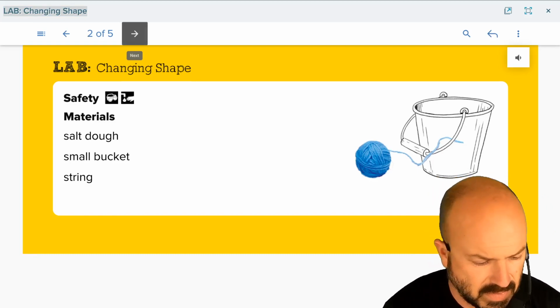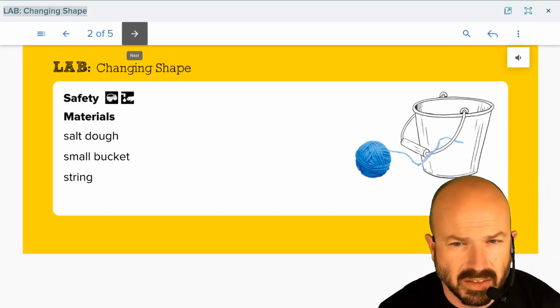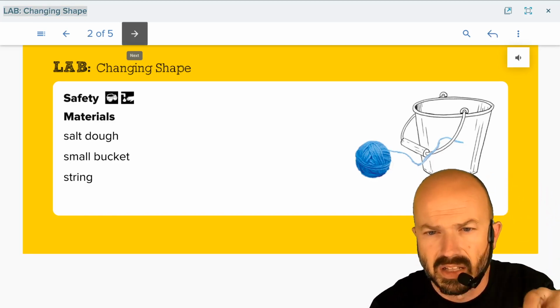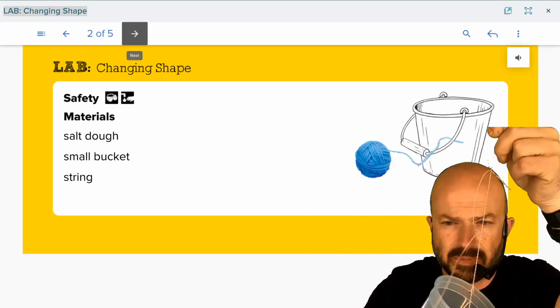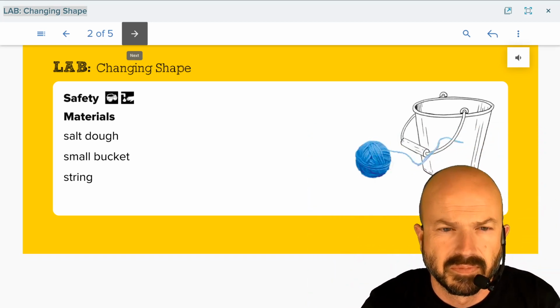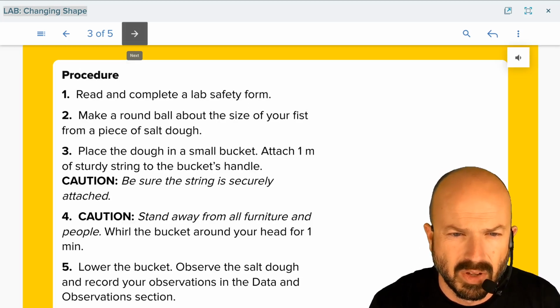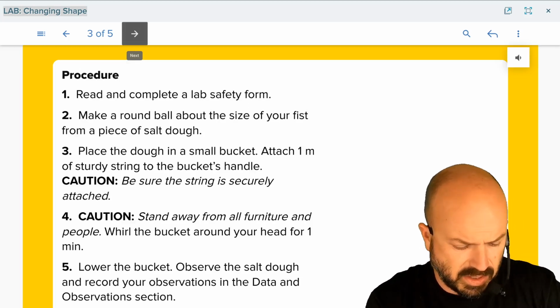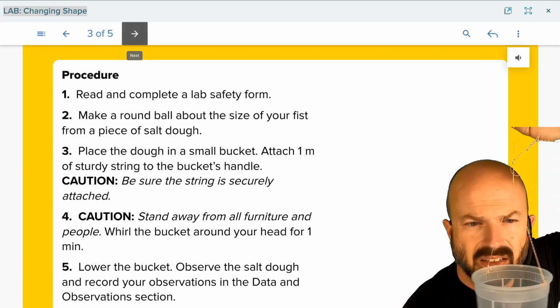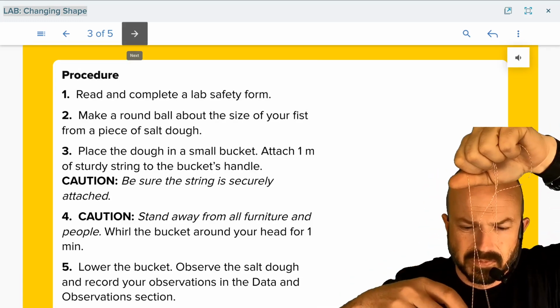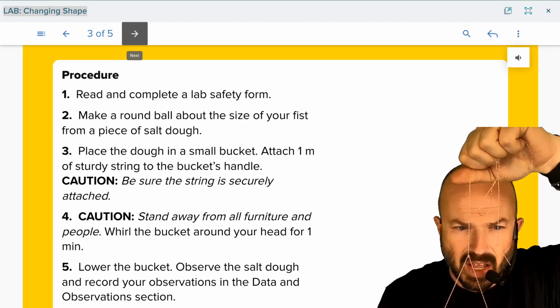Ta-da! A small bucket. Ta-da! And I've already put string on it. So I made a round salt dough, and let's go ahead and place that in the small bucket. Okay?